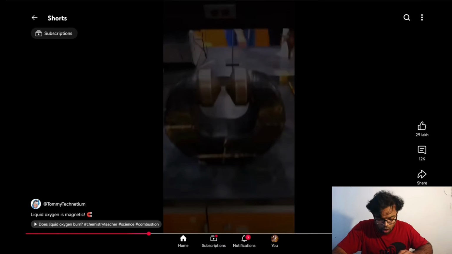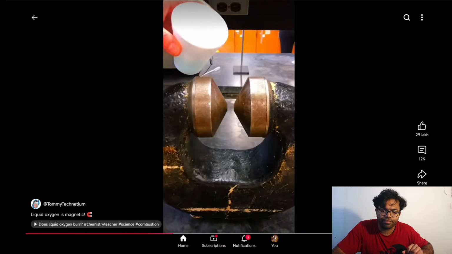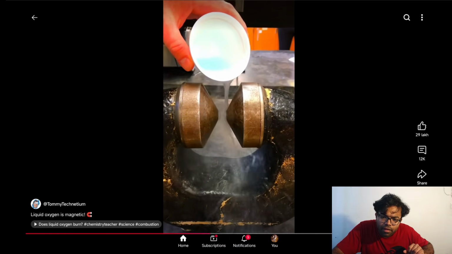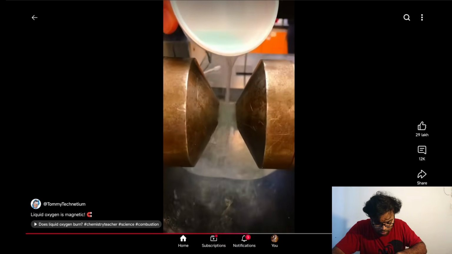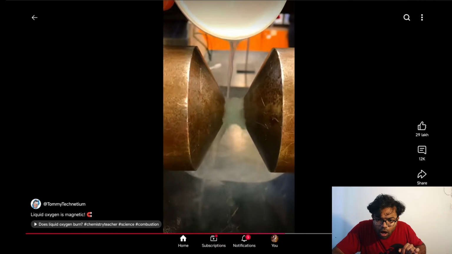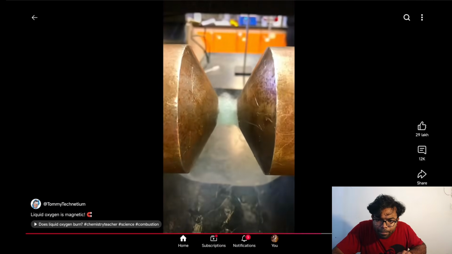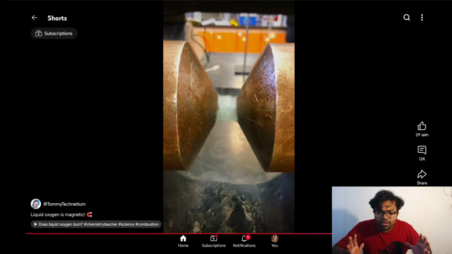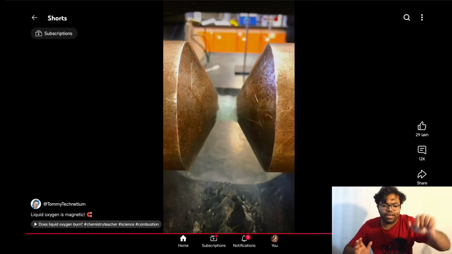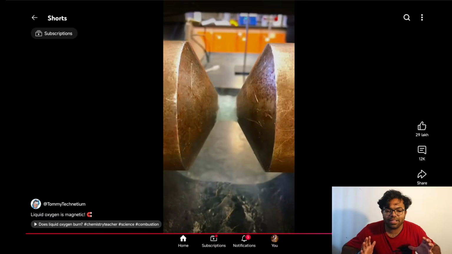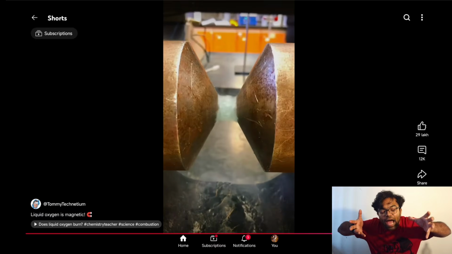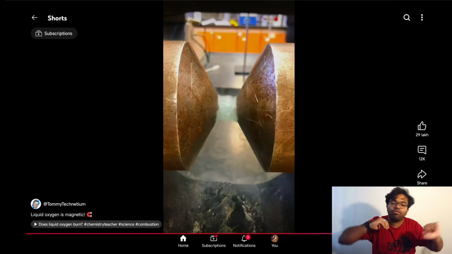But let's take the example of oxygen. See, can you see? See, Drupad, right? This is the reason: the liquid oxygen molecule in its molecular orbitals contains unpaired electrons. These unpaired electrons can be influenced by an external magnetic field. Because they are influenced by it, they align themselves along the direction of the magnetic field.